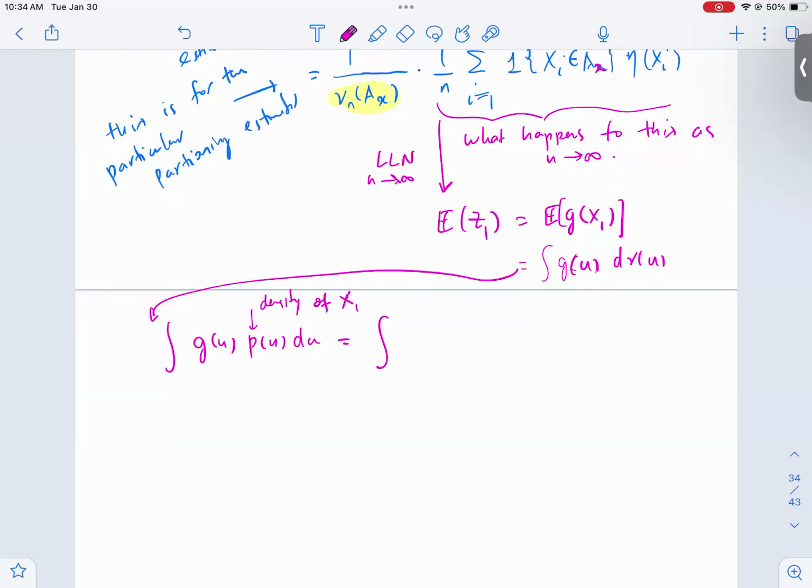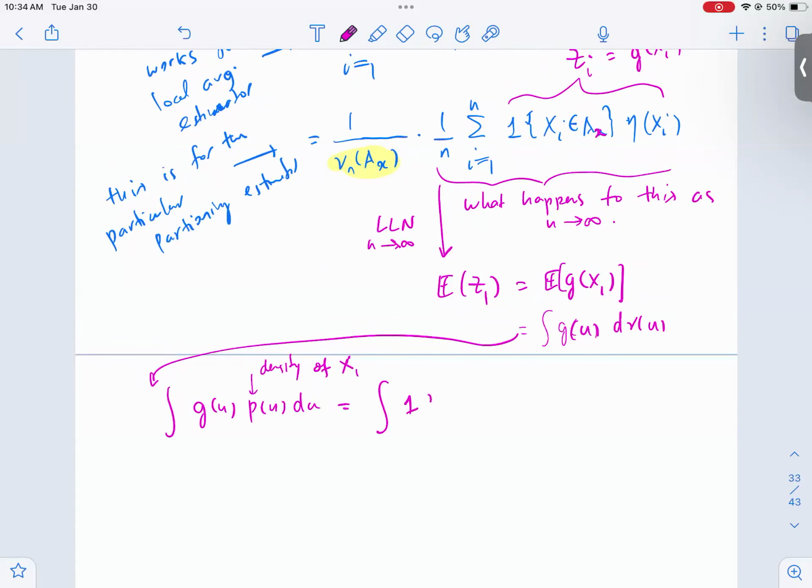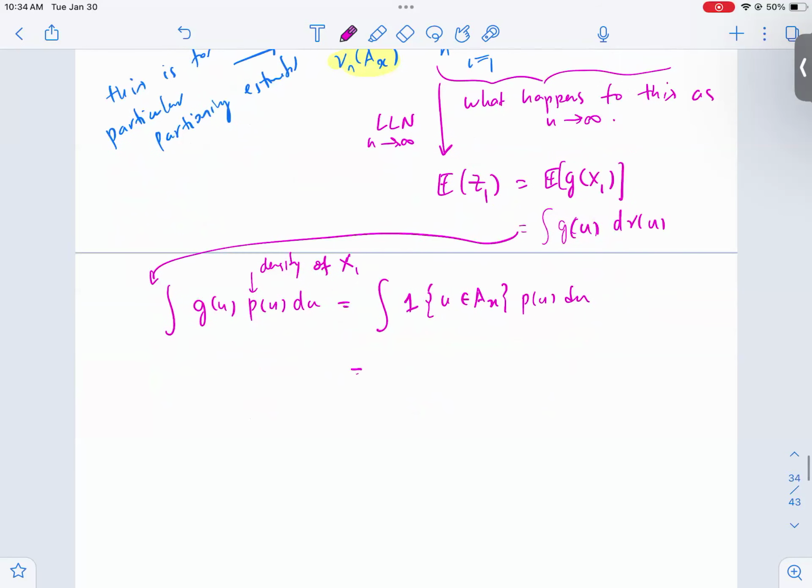So this is going to be the integral where g(u) is just an indicator, where you have xi's, that's going to be u in A_x, and then there's eta as well. Sorry, there is one more. Yes, eta, sorry. Thank you. Eta(u) p(u) du.